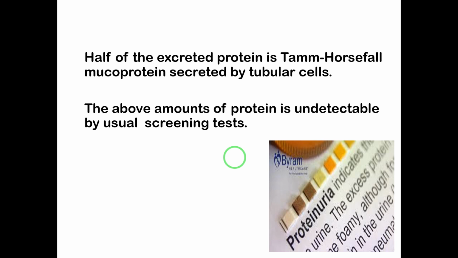This is the normal allowed quantity of protein that will appear in the urine, and usually it could be detected by special screening tests that depend on reagent test strips. This method for testing protein in the urine using reagent test strips depends on an indicator dye: in the presence of protein, its color will change.